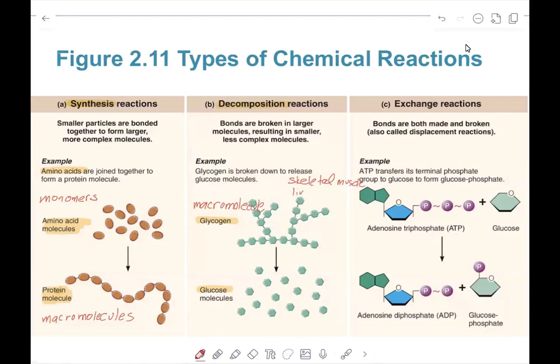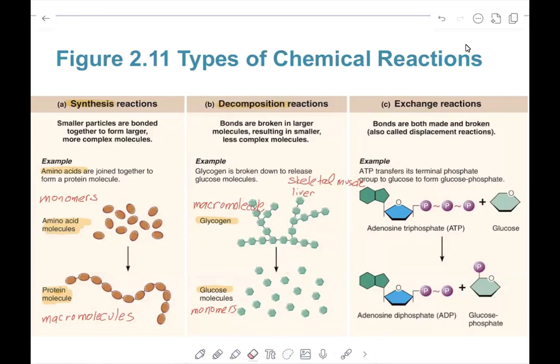So whenever your body needs glucose released out into the blood plasma, glycogen is broken down into these smaller pieces and parts called monomers, and it would be a decomposition reaction. But we could easily reverse this, and it would be a synthesis reaction. So in the body, chemical reactions go in both directions based on whatever the need at that point in time is.